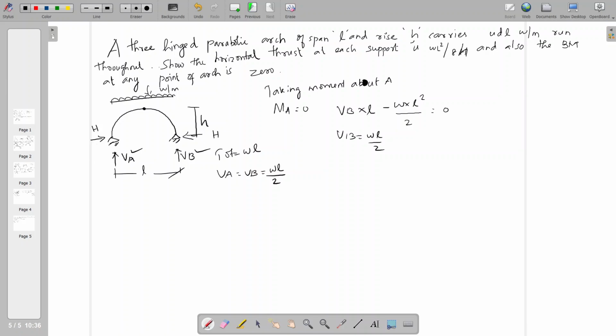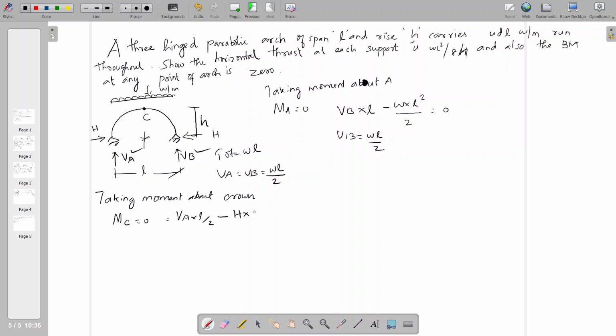For the calculation of H, taking moment about the crown point, that is moment about C equals 0. I can refer to it as C, moment about C equal to 0. So VA into half of this span, L by 2, VA into L by 2 minus H into YC. VA is rotating in this direction, H is rotating in the opposite direction.